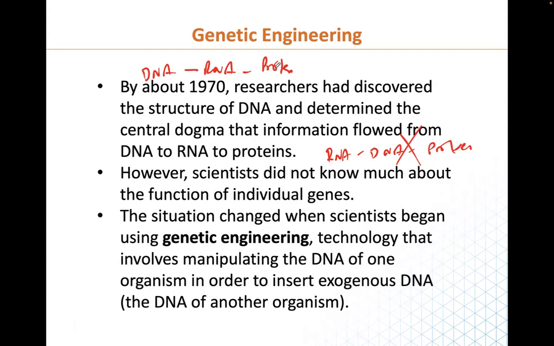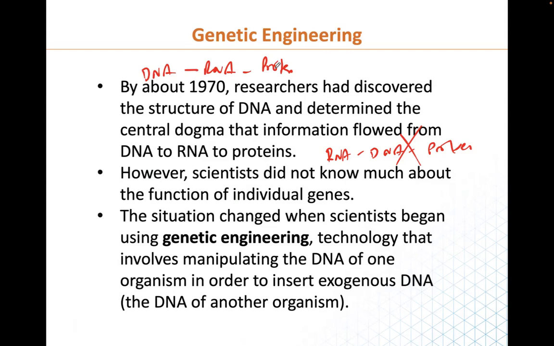However, scientists did not know much about the functions of individual genes. So it took the scientists time before they could know what the function of each individual gene was. The situation changed when scientists began to use genetic engineering technology to manipulate the genes of an organism.